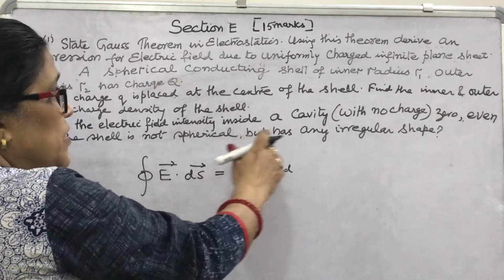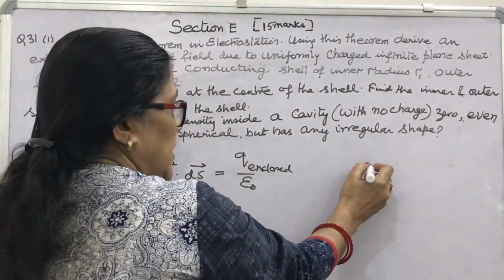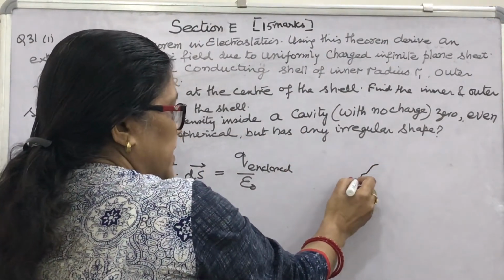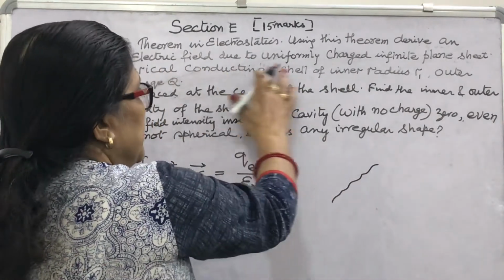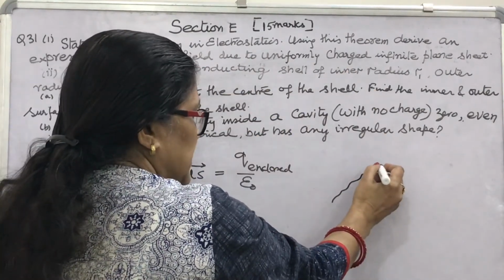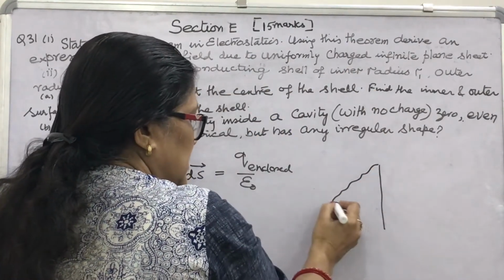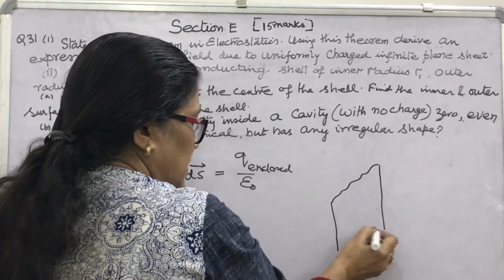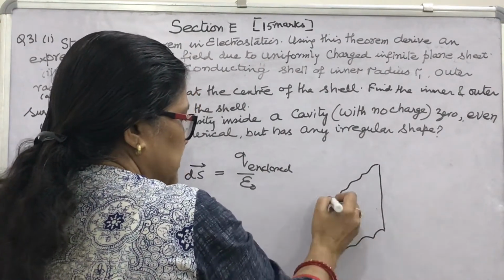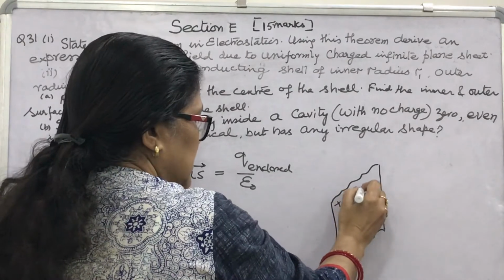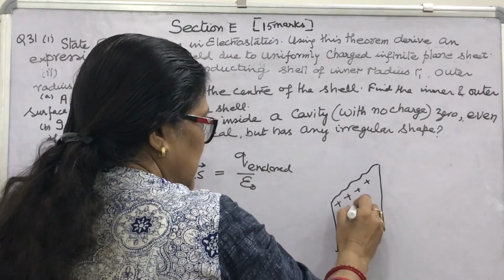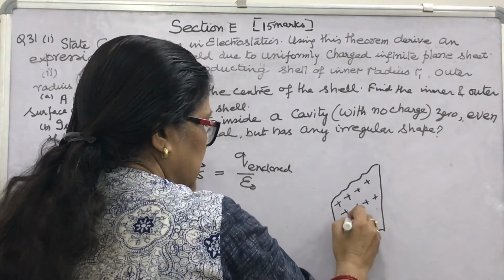Using this theorem, you have to derive the electric field due to uniformly charged plane sheet. Suppose this is the plane sheet I have taken here. It is positively charged, so all over the surface you have to mark the positive charges like this.